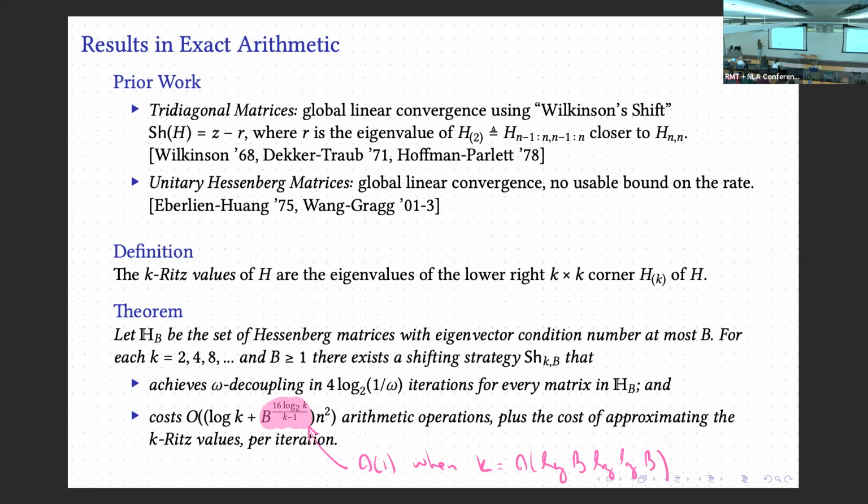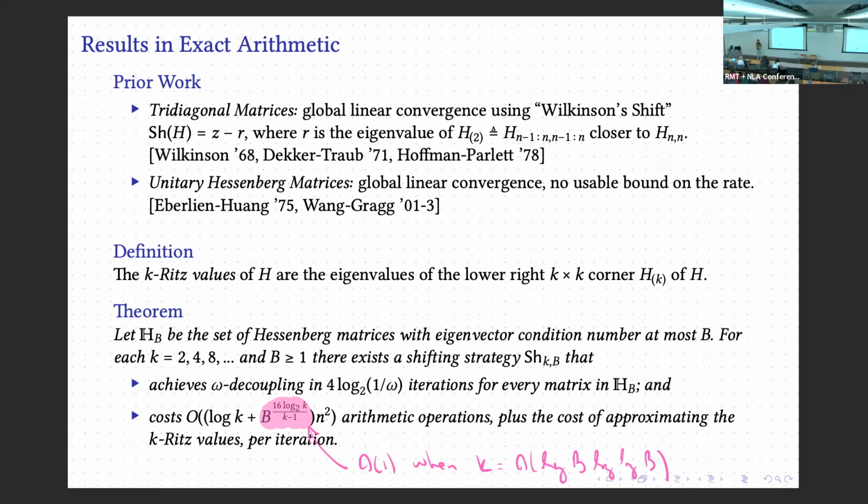if you set k to depend on the eigenvector condition number. And it only depends very mildly on it, right? So yes, I was being a little sketchy with this. It is a randomized algorithm.